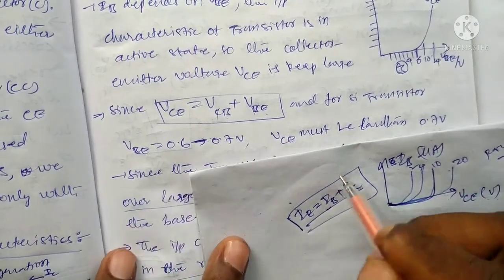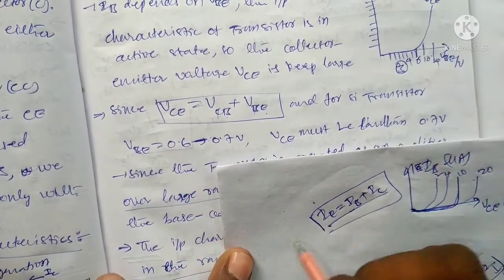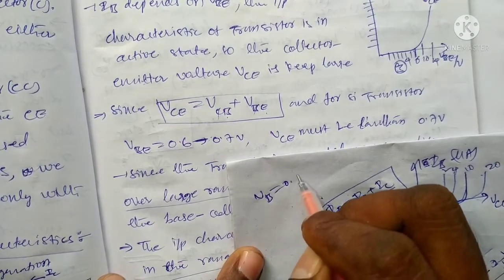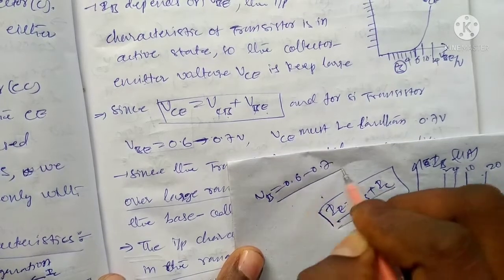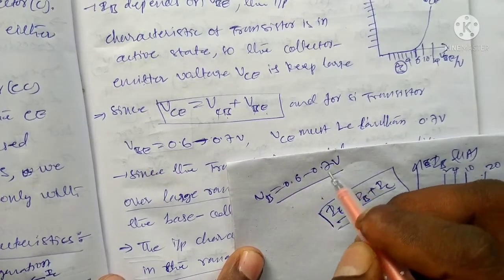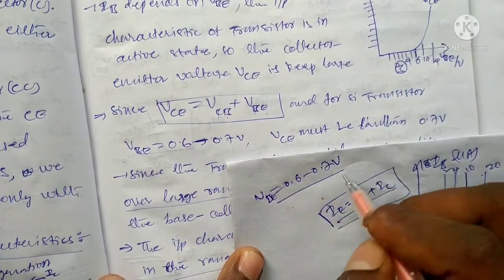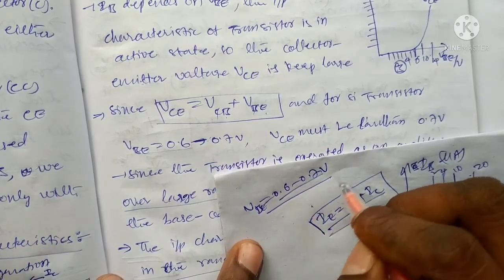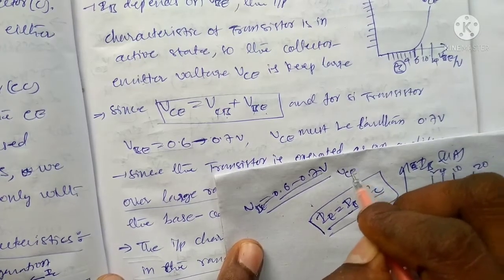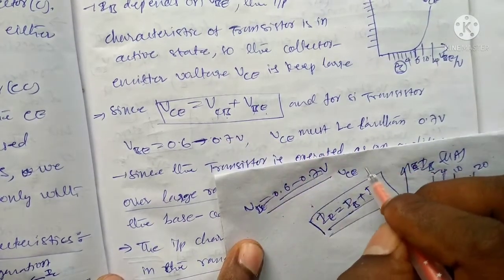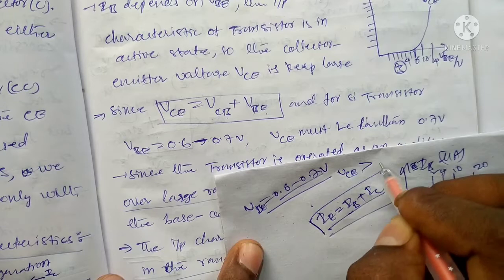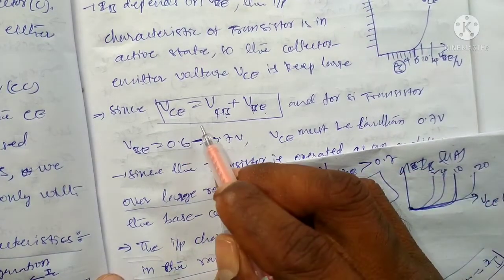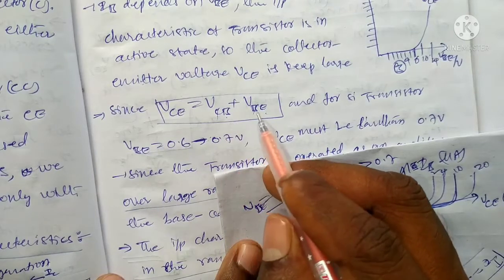For example, in the case of a silicon transistor, the VBE range is 0.6 to 0.7 volts, and VCE is greater than 0.7 volts, since VCE is equal to VCB plus VBE.